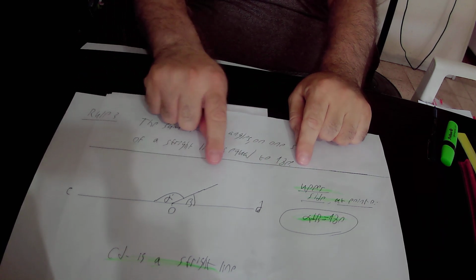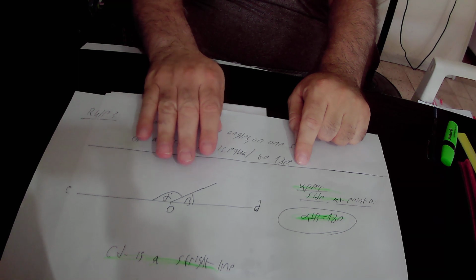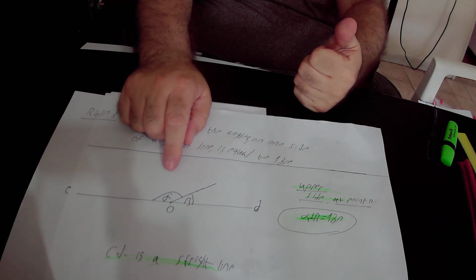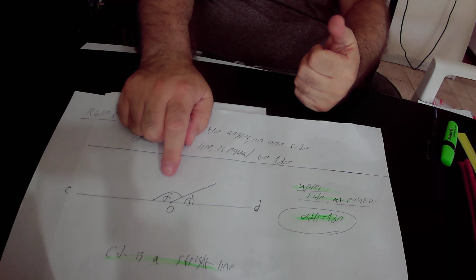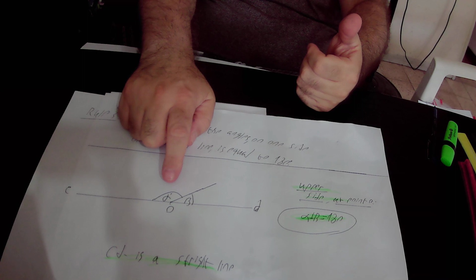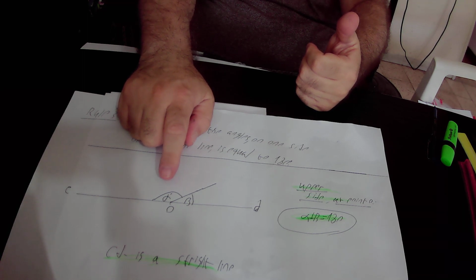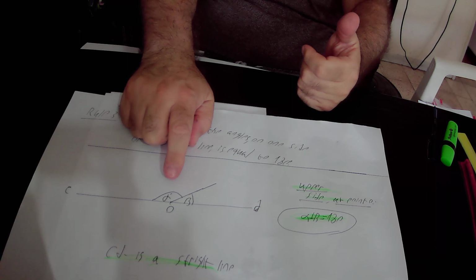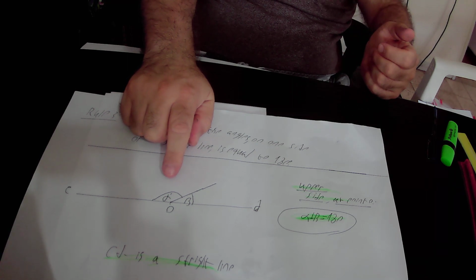If we focus on the upper side of the straight line CD at point O, the sum of the angles according to rule number 3 must be equal to 180 degrees. On the upper side of the straight line CD at point O, we have angle alpha plus beta. Therefore, alpha plus beta must be equal to 180 degrees.